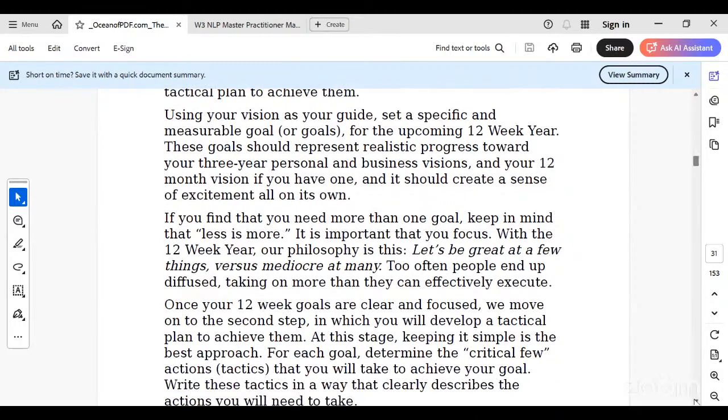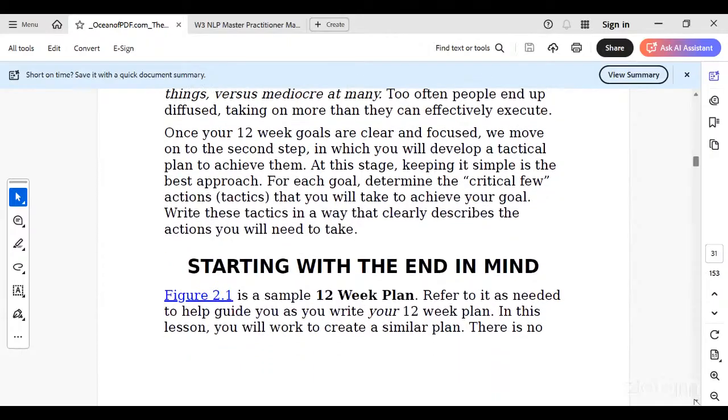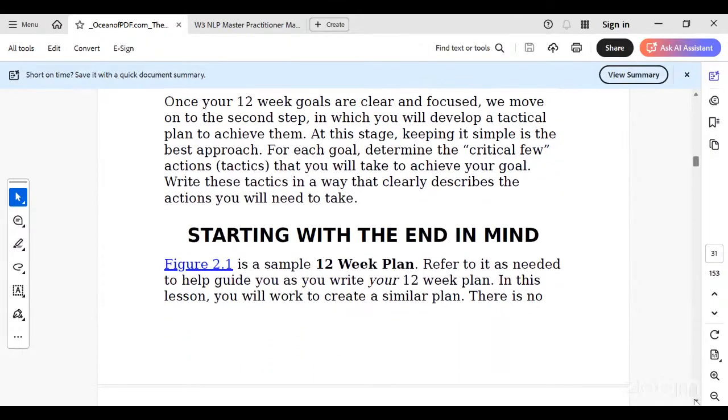Once your 12-week goals are clear and focused, we move on to the second step, in which you will develop a tactical plan to achieve them. At this stage, keeping it simple is the best approach. For each goal, determine the critical few actions, tactics, that you will take to achieve your goal. Write these tactics in a way that clearly describes the actions you will need to take, starting with the end in mind.